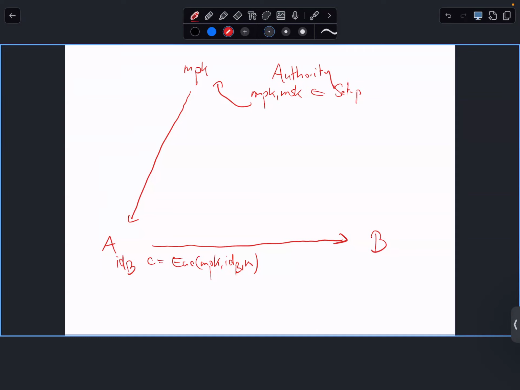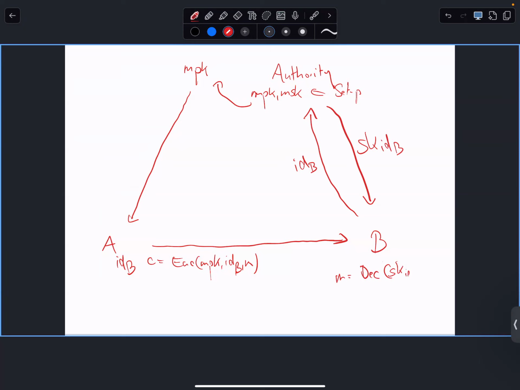Because he can just go now to the authority, send his identity, and get back SK_Bob. And now with this key, he can decrypt this ciphertext and get M.